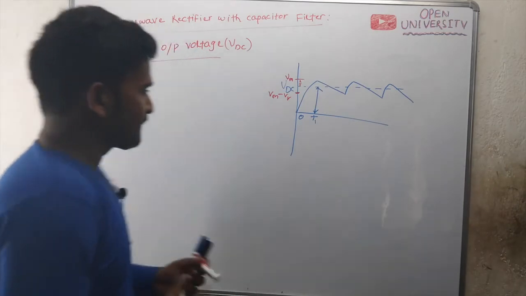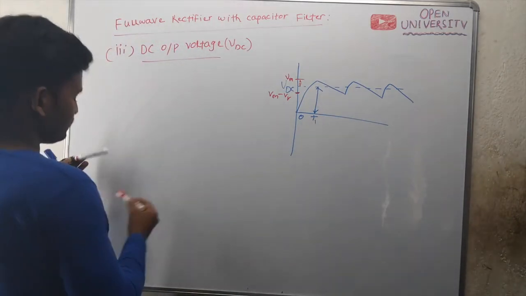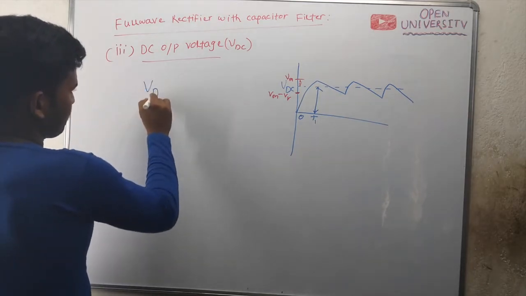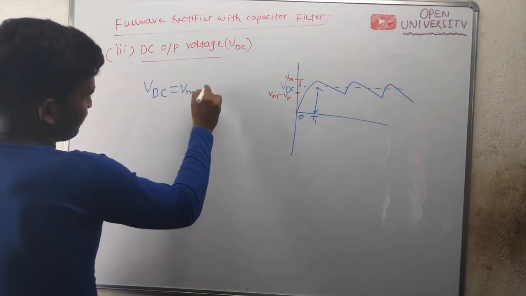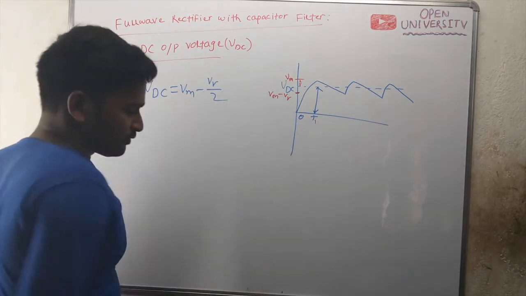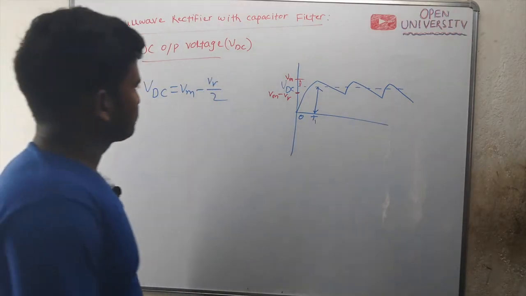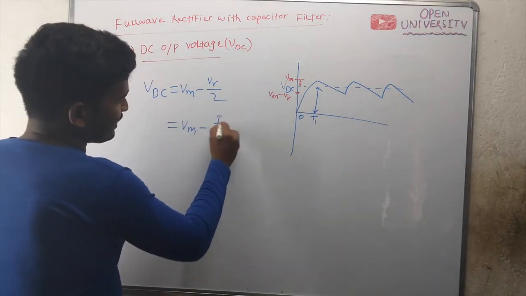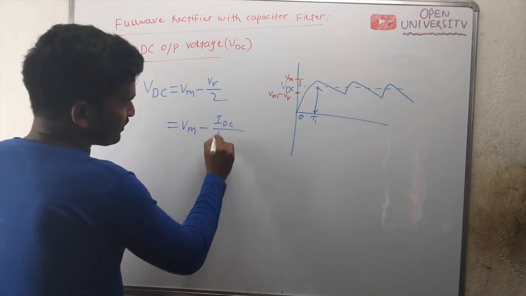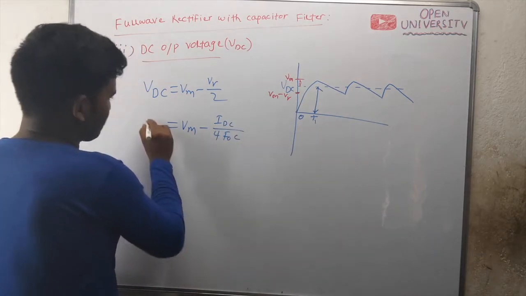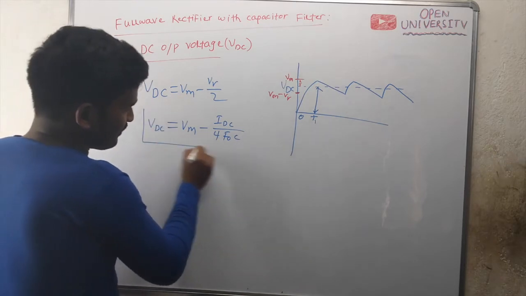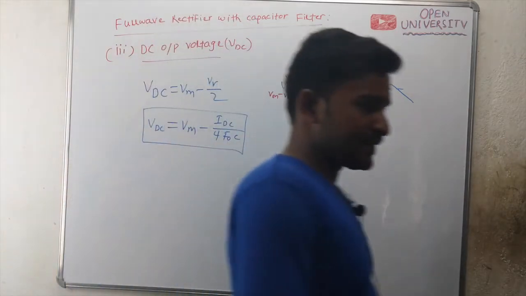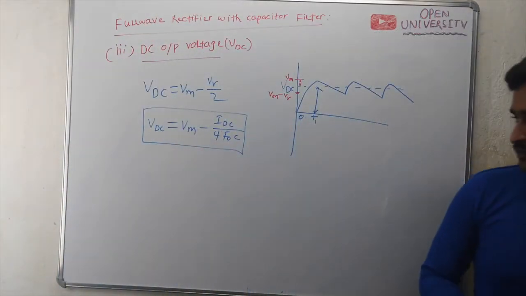So this is the formula: Vdc equal to Vm minus Vr by 2. You can write Vm minus, what is Vr? Idc by 2 f naught C, which will be 4 f naught C. This is the formula for Vdc of your full wave rectifier with capacitor filter: Vm minus Idc by 4 f naught C.